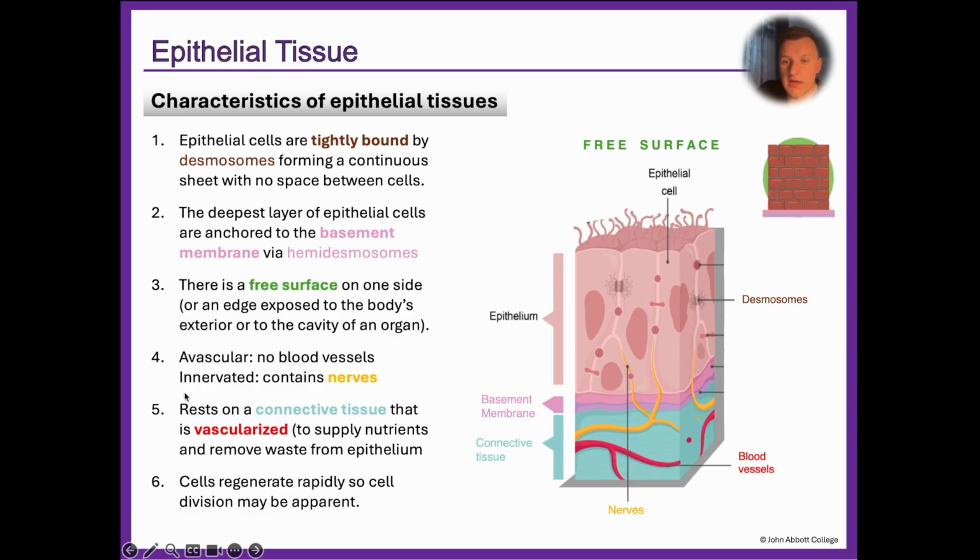Also, epithelia are innervated, right? Nerve is a word in there. Innervated means to send a nerve there. There are little nerves in between the epithelium. So we say the epithelium is innervated with neurons, with nerves, right? There are little neurons that go here.